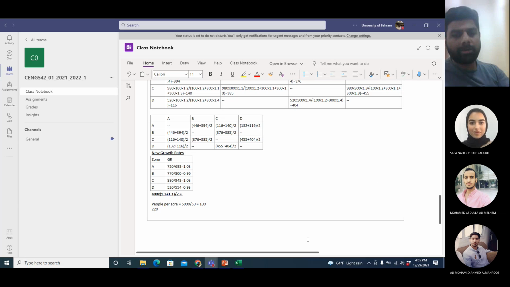There are 220 transit trips per household if the population density is this much.